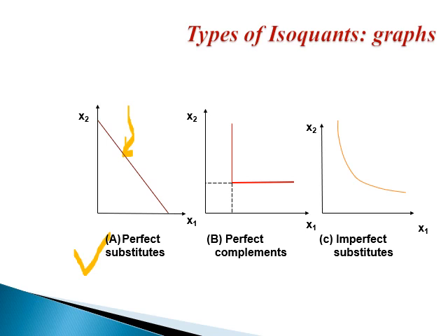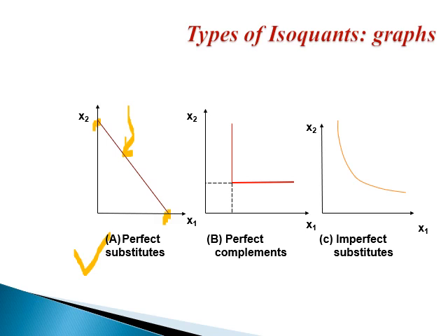Because X1 and X2 are perfect substitutes, I can use X1 only in production to produce the 15 units of output. Or I can use X2 only in production without using any X1, and I can still produce 15 units of output. Or I can use any combination between X1 and X2. This case of an isoquant is rare, but sometimes you can have it in some industrial processes.